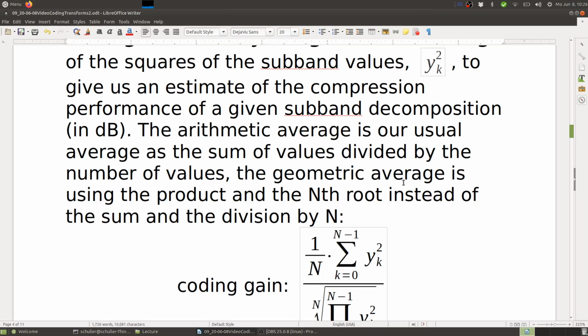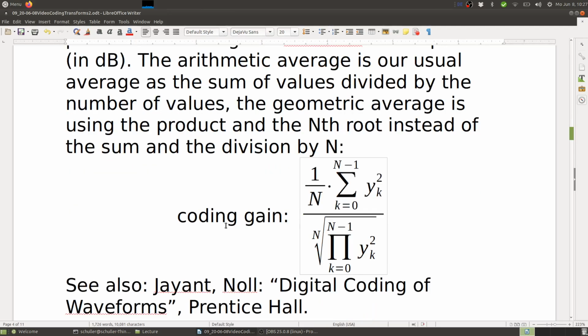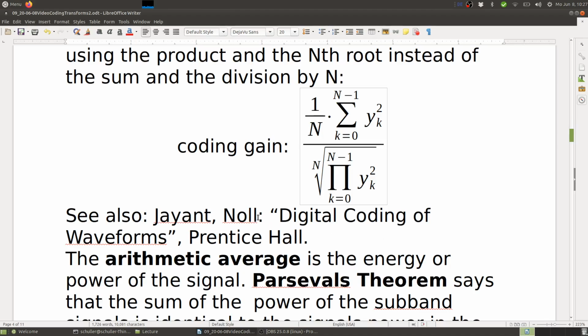The geometric average uses the product and the nth root instead of the sum and the division by n. Here is the arithmetic average, and in the denominator you have the geometric average. You can also read more about it in this book by Jayant and Noll, Digital Coding of Waveforms, by Prentice Hall.